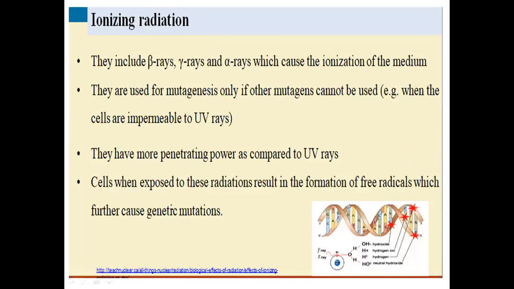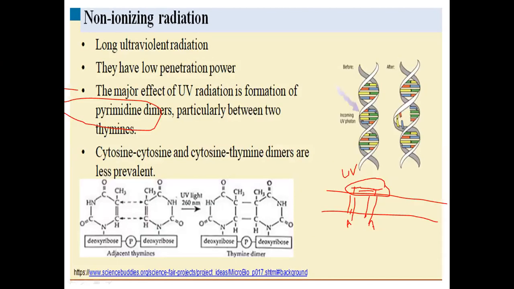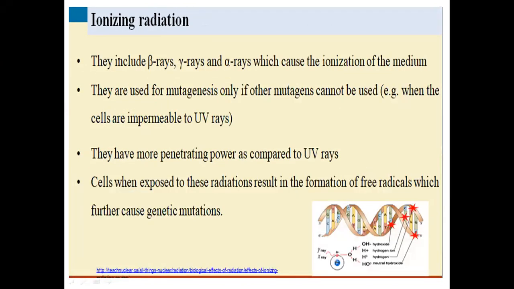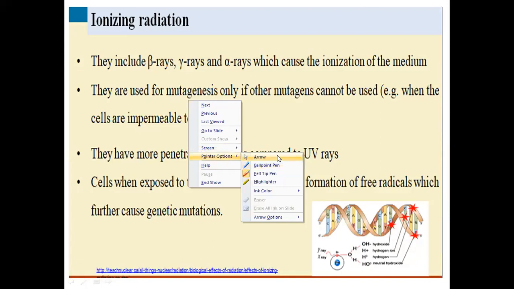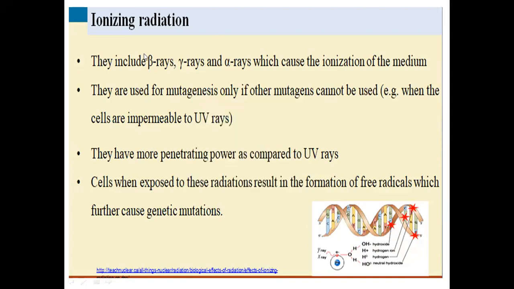So UV is non-ionizing radiation, whereas you can also use ionizing radiation such as beta rays, gamma rays, and alpha rays, which have relatively high penetrating power. When compared to UV rays, these are relatively very harmful, but for a short period, if they are introduced into a living system, they generate free radicals.